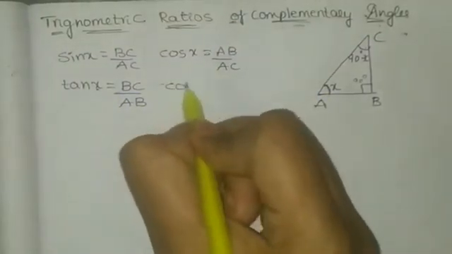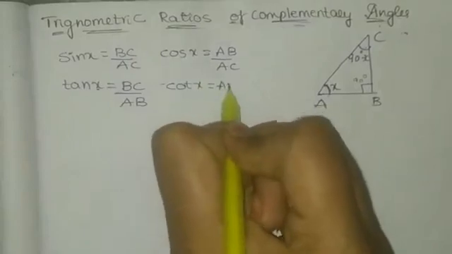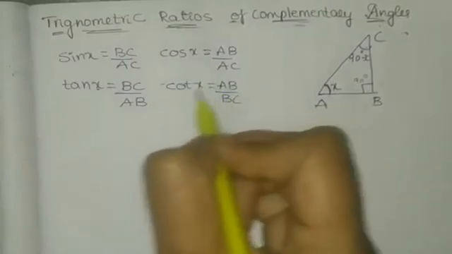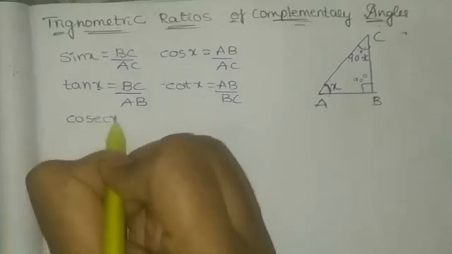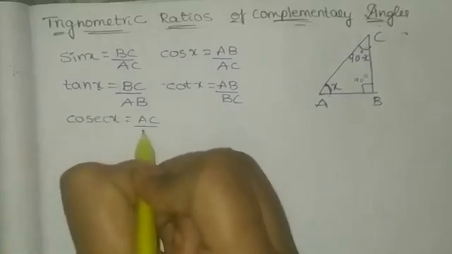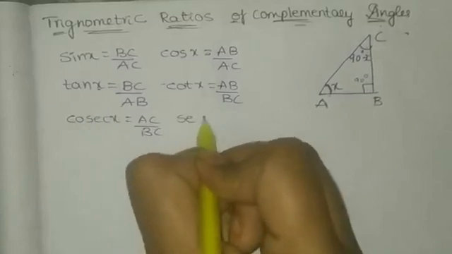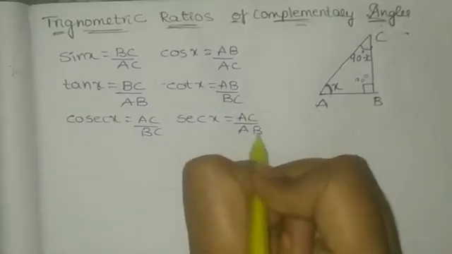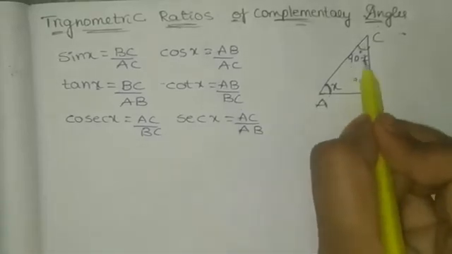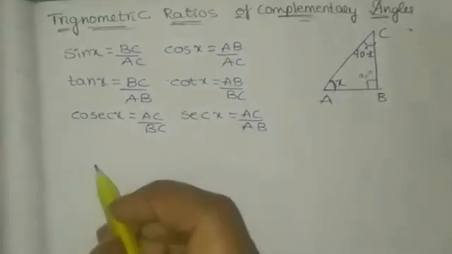And also cot X is AB by BC, the inverse of tan. Cosecant X is AC by BC. Secant X is AC by AB. Also find the 90 minus X all 6 trigonometric ratios.